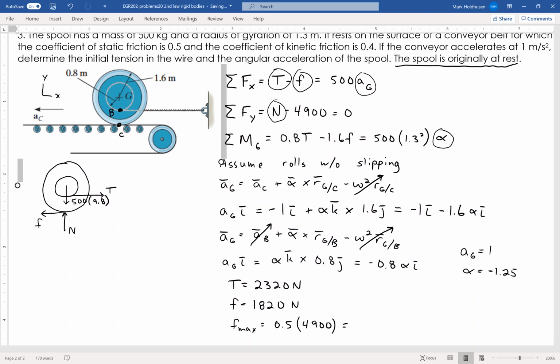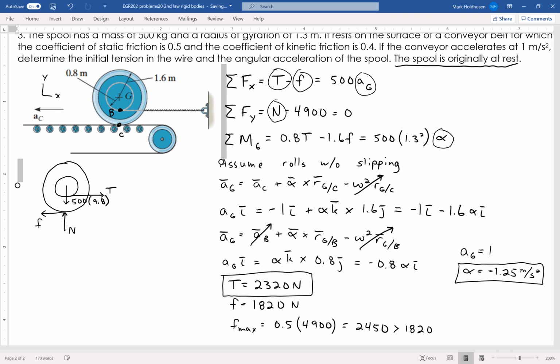And the maximum friction force is then 2,450, which is definitely bigger than 1820. So we're good, right? I didn't exceed that maximum friction force. Therefore, my assumption is correct. And the alpha and the tension, therefore, are correct.